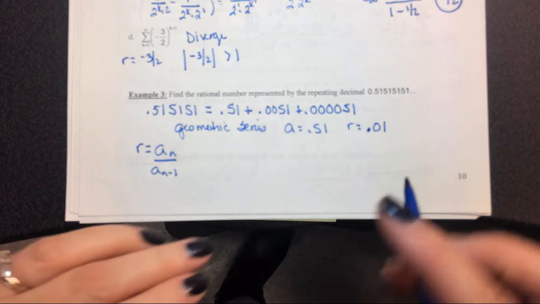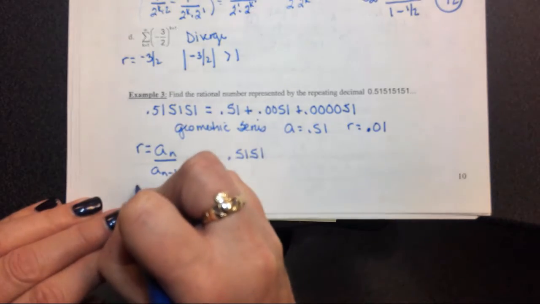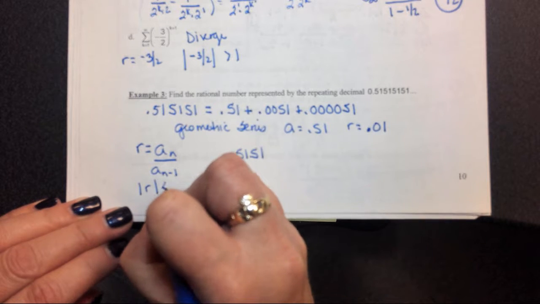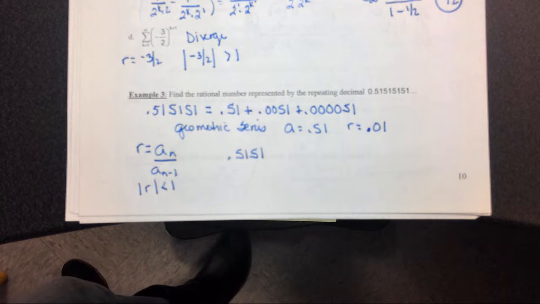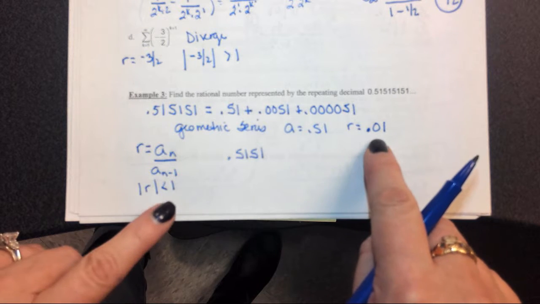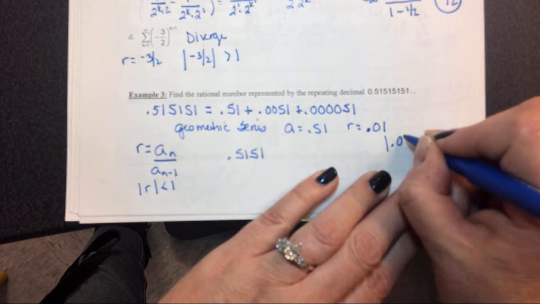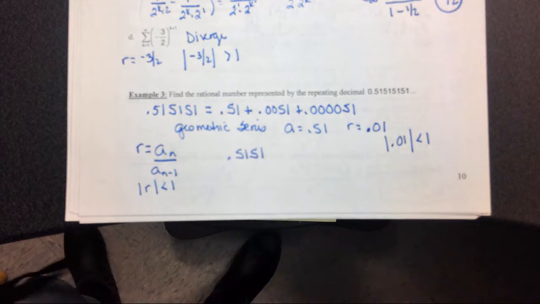So I know if I've got a geometric series, in this particular case the absolute value of the common ratio has to be less than 1 to converge. I just found that my common ratio is 0.01. So we know that the absolute value of 0.01 is less than 1, correct?